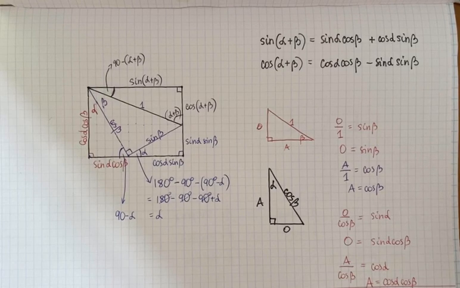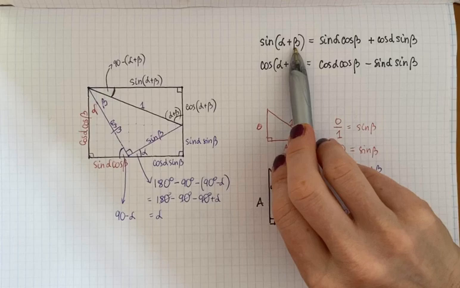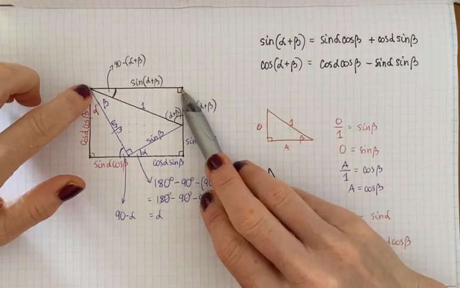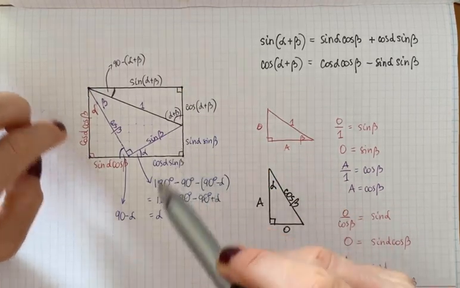Okay, so look at the sides. What are we trying to prove? We are trying to prove that sine of alpha plus beta is equal to this. Well, look at that side of the rectangle. This side has to be equal to these two added together.